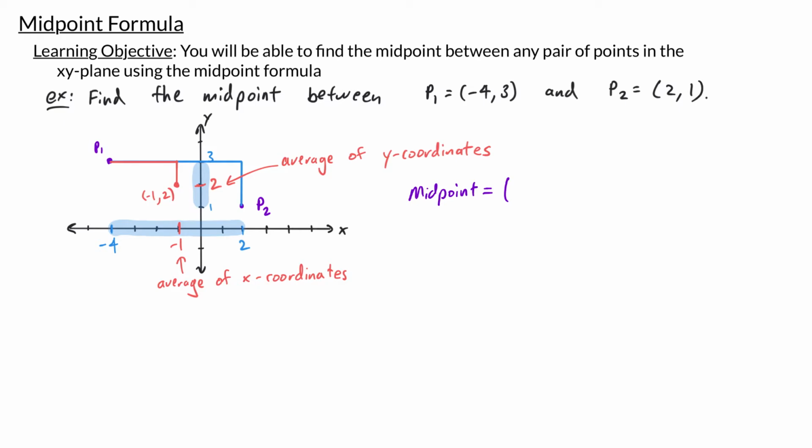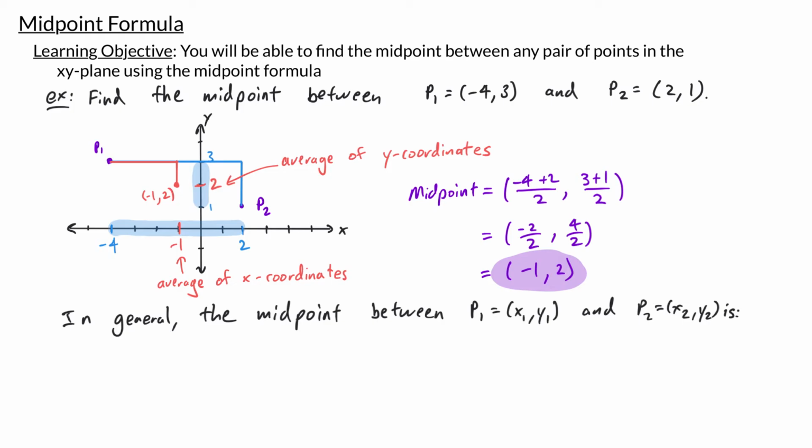The x-coordinates here are -4 and 2, so the average would be (-4 + 2) divided by 2. The y-coordinate of the midpoint is the average of the y-coordinates. Our two y-coordinates are 3 and 1, so the average would be (3 + 1) divided by 2. Simplifying this, we have -2 divided by 2 and 4 divided by 2. And simplifying this further, we get -1, 2, which is what we expected from our picture.